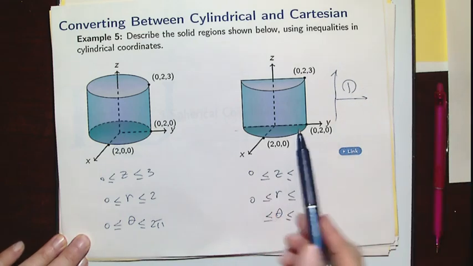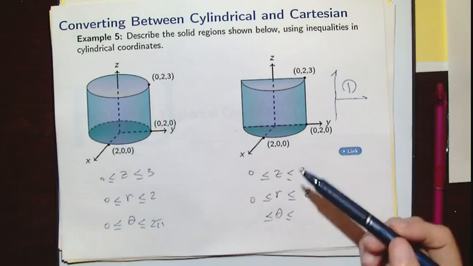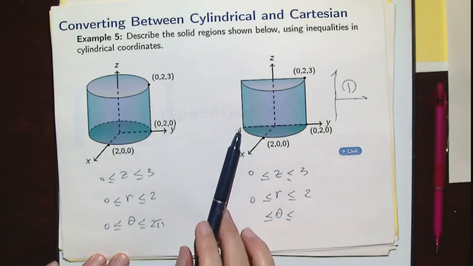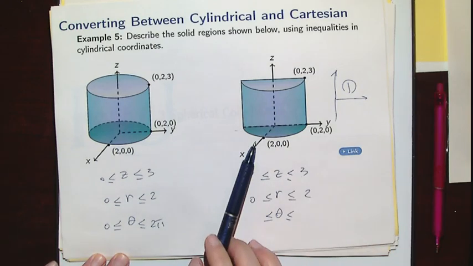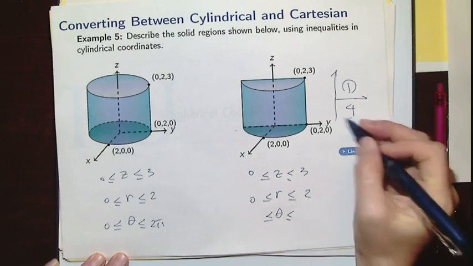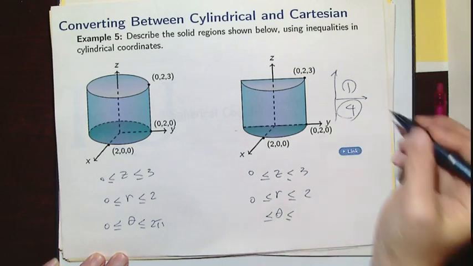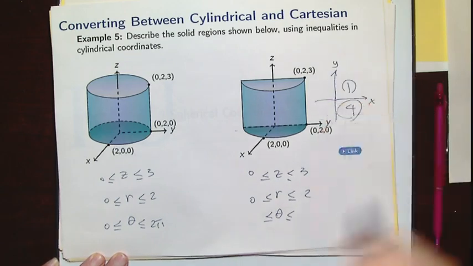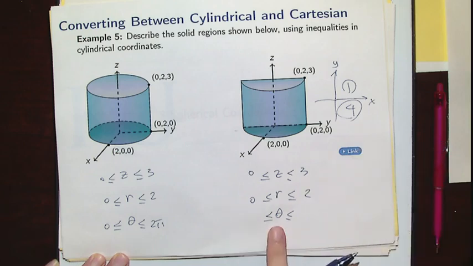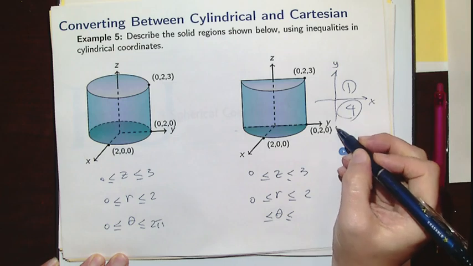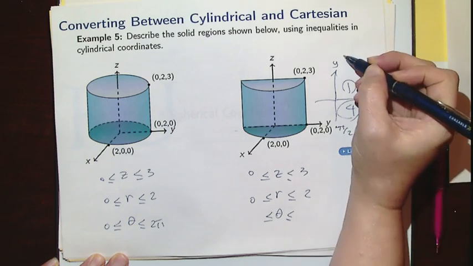Oh, it's not on 2. 2 would be x negative. It's y negative, x positive. 4. So if this is the xy plane, can you guys tell me what limits are appropriate here?